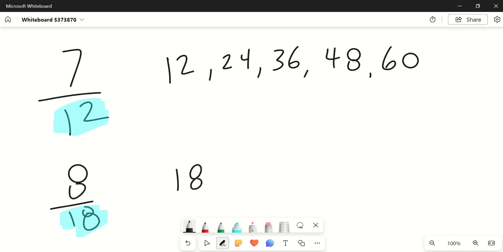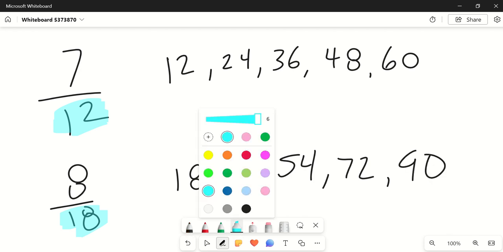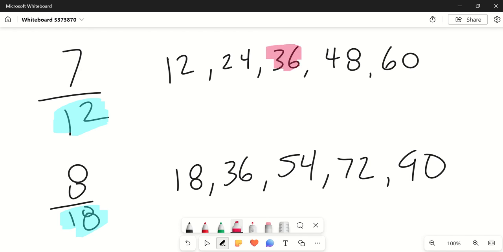So we have 18, and then 18 times 2 would be 36. 18 times 3 would be 54. 18 times 4 would be 72. 18 times 5 is 90. And if we look closely, we already have a common multiple between the two, and that is 36.